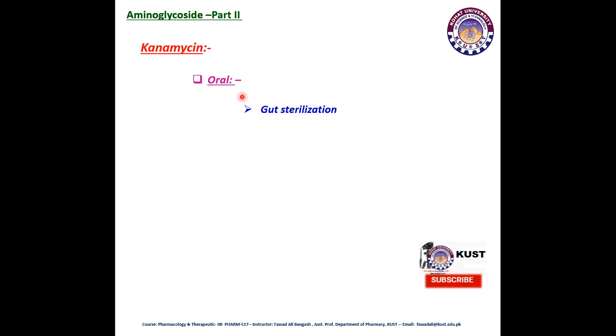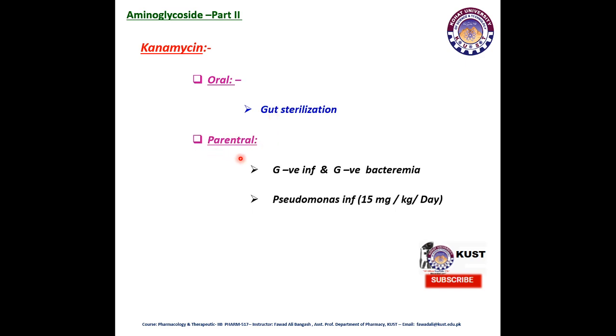Kanamycin is used orally for gut sterilization. Parenteral use: gram-negative infection, gram-negative bacteremia, Pseudomonas infection, 15 milligram per kg per day. Amikacin, a semi-synthetic derivative of kanamycin, is less toxic.